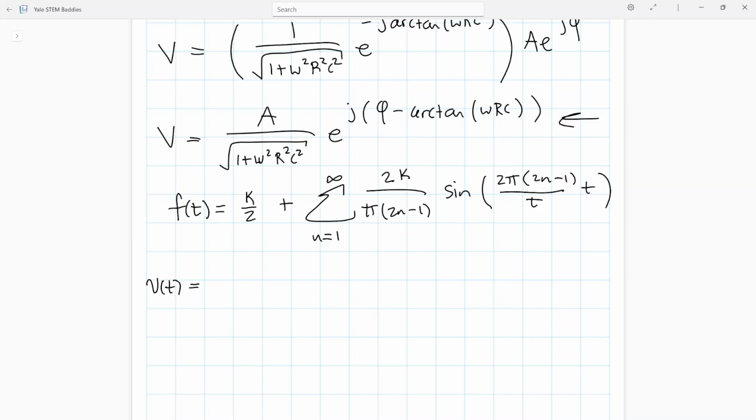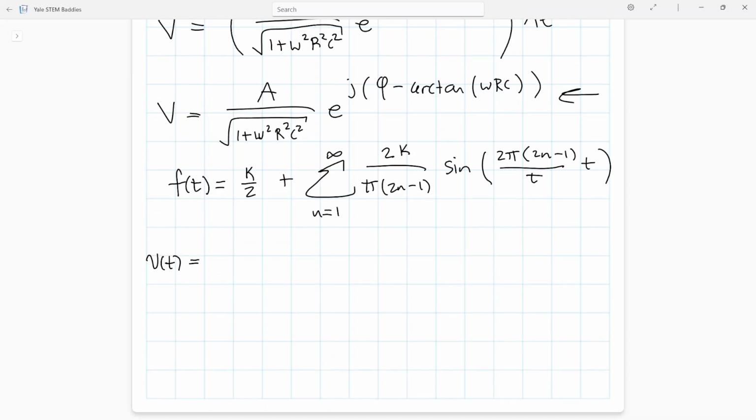And now let's think about, first of all, how this transformation is going to affect this DC constant term, this k over 2 term. So this is a term where omega equals 0. And so if we were to pass this DC signal through this transformation, if omega is 0, then we're just going to end up with a over 1 plus 0 squared, e to the j phi minus arctangent of 0.